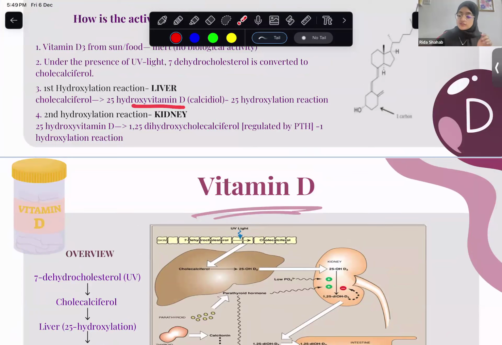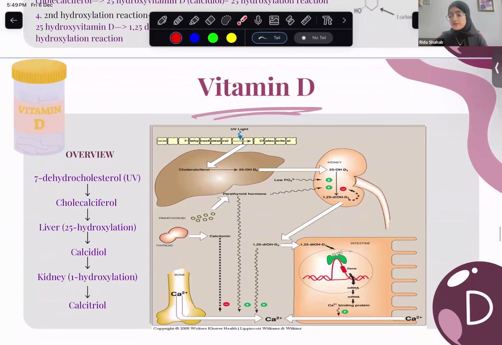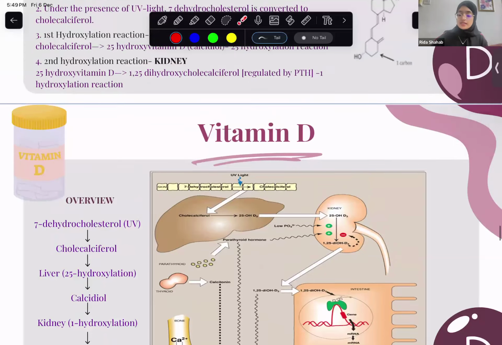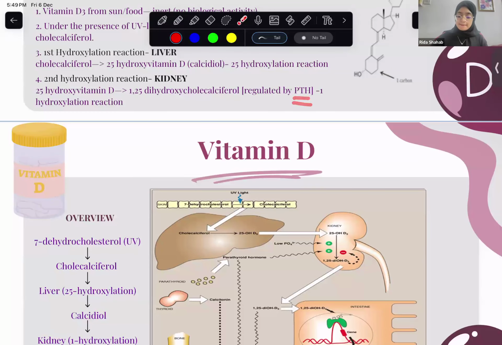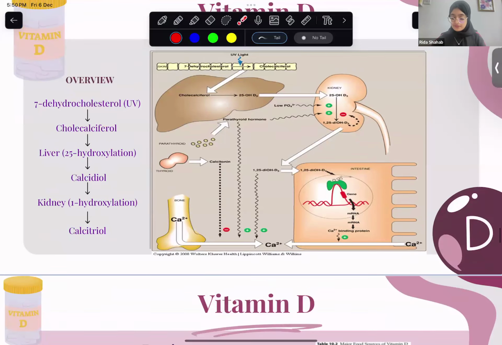This is the 25-hydroxylation reaction, after which calcidiol goes to your kidney and gets converted into the active form, 1,25-dihydroxycholecalciferol. And this is regulated by PTH. And here is an overview of what I just said.